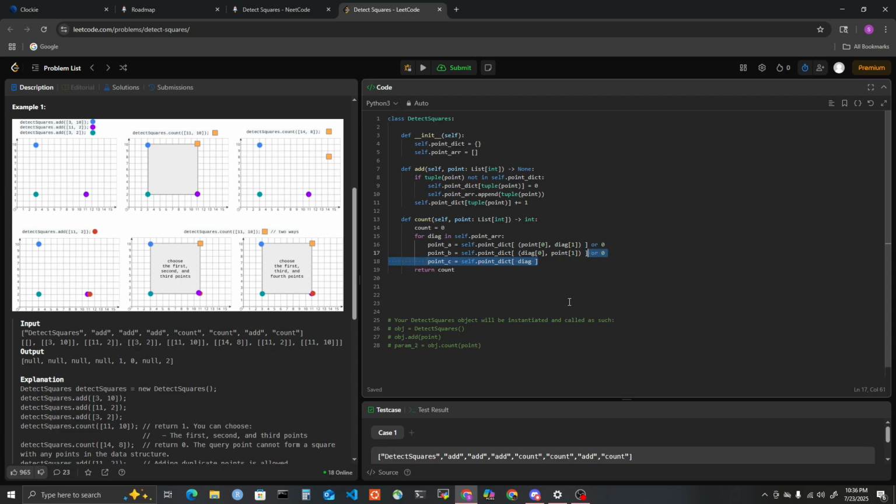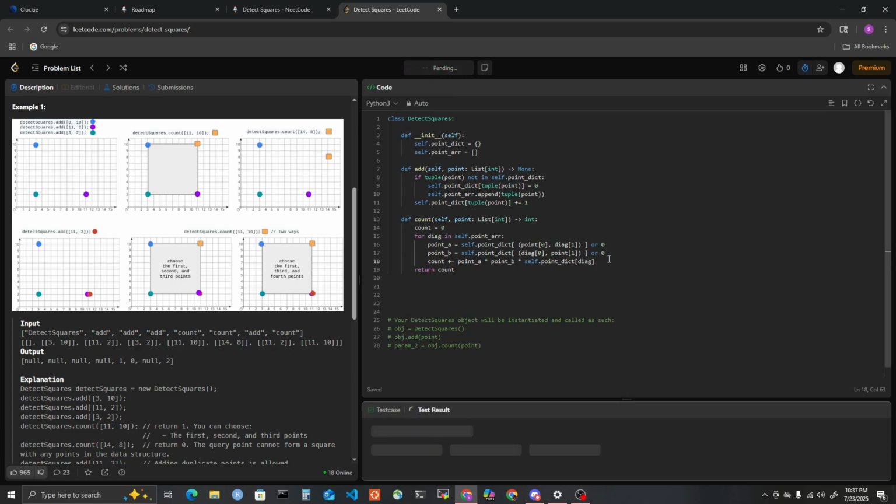Oh, I know that's going to be in there. I don't need this silly thing. So I'll just say count plus equals point A times point B times diagonal, and sure. I'm curious to see if this works. Probably not.